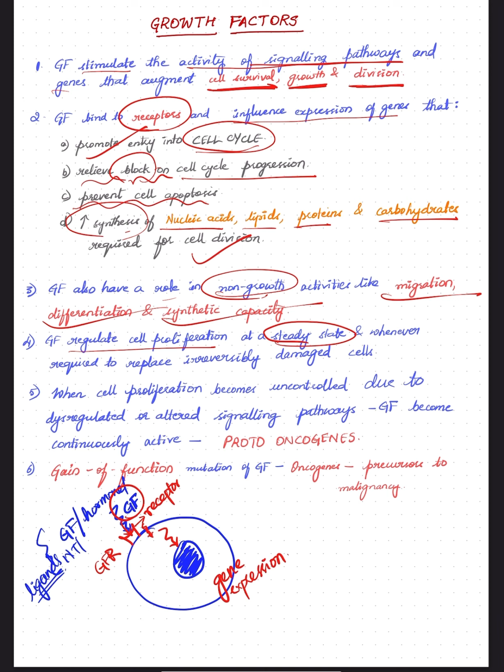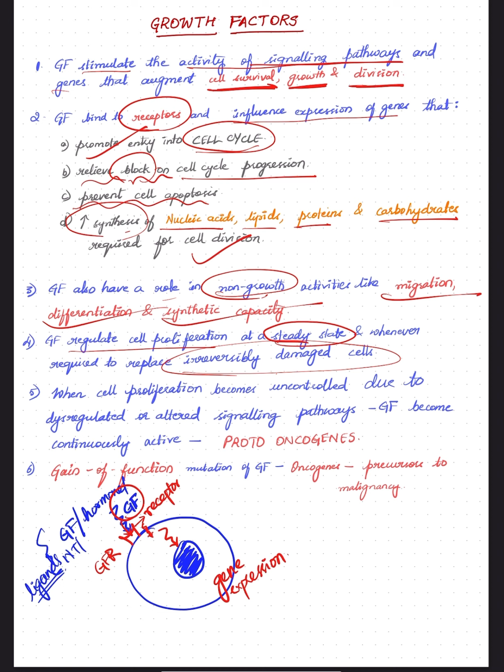And whenever required, they have to replace irreversibly damaged cells. For that you require growth factors so that the cells can divide, proliferate, and replace the damaged cells. If this cell proliferation becomes hyperactive and goes uncontrolled, it leads to malignancy.